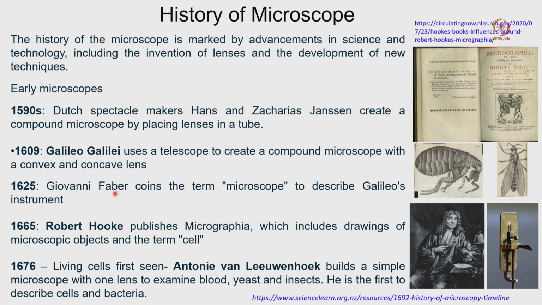Then Robert Hooke is the first person whose work was published in the Micrographia journal, where he first described the cell. He imaged those things using his own microscope. Another important person is Antony van Leeuwenhoek, who built this very simple microscope which he used to visualize blood, yeast and insects, and documented those micrographs.